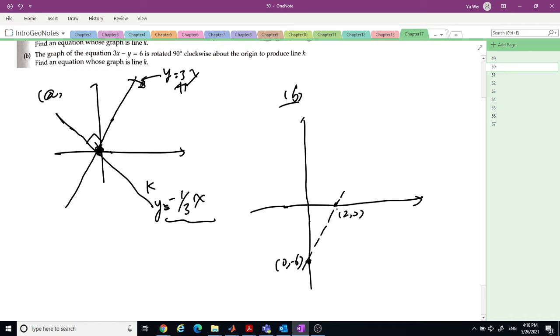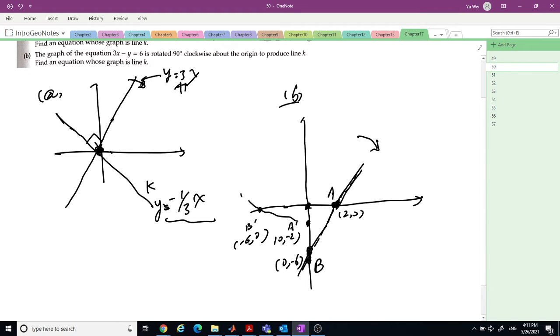We want to rotate this line about the origin by 90 degrees clockwise. You can see this point is A and this point is B. A rotates to A prime, and B rotates to B prime. So A prime will be (0, negative 2), and B prime will be (negative 6, 0).